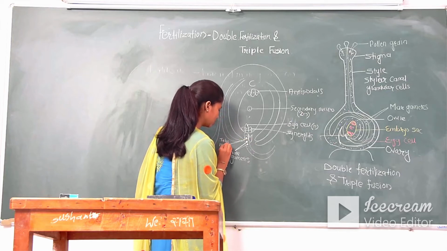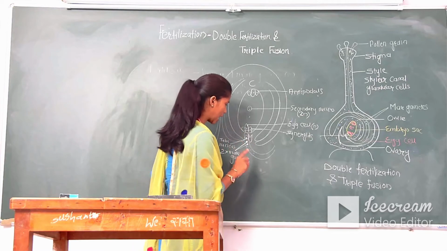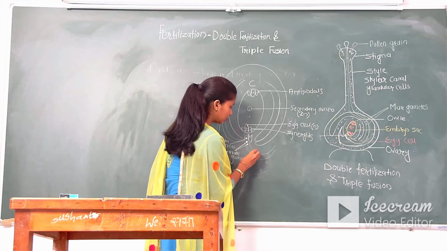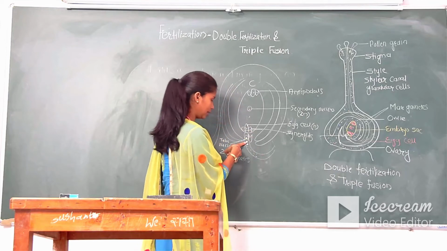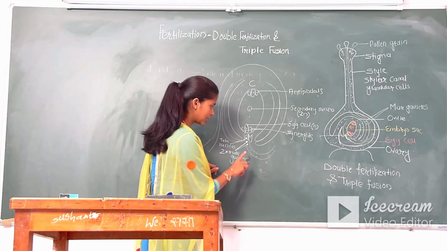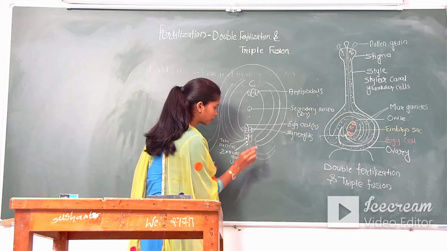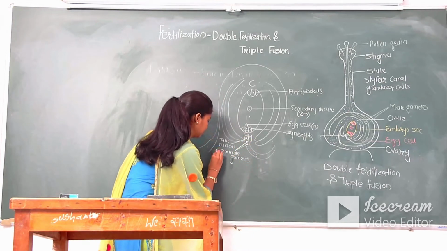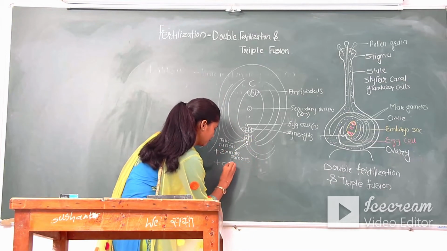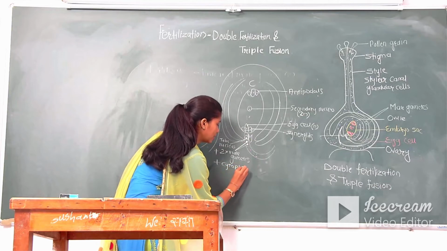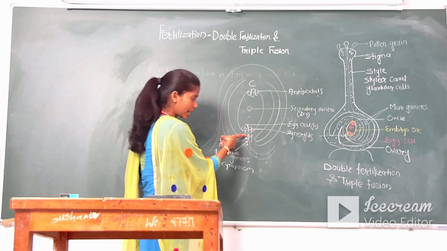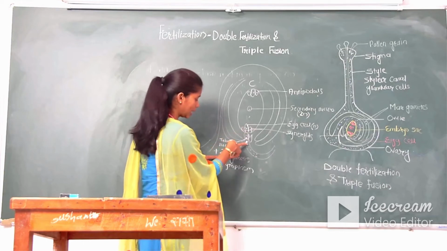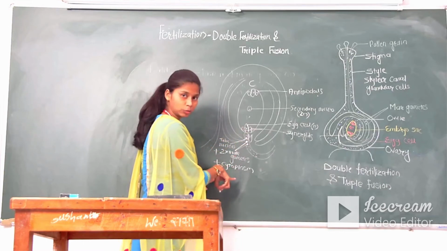This tube nucleus will degenerate as soon as this pollen tube enters the embryo sac. This pollen tube contains the tube nucleus in the forward direction, and two male gametes and some cytoplasm.